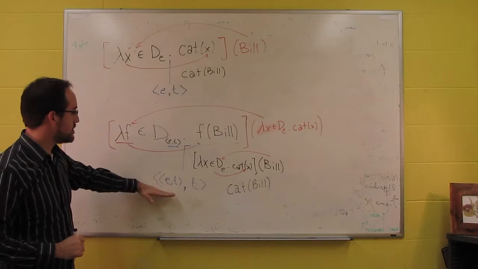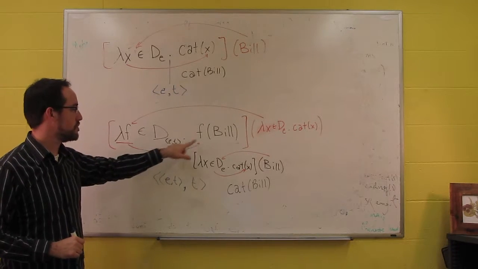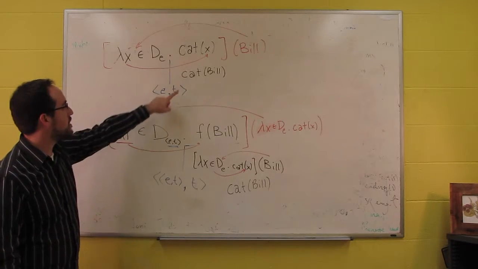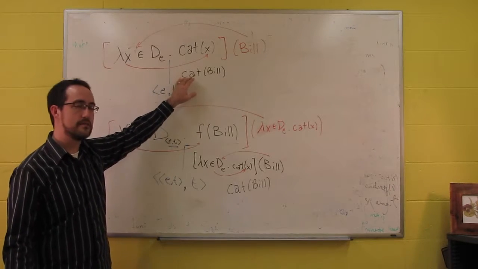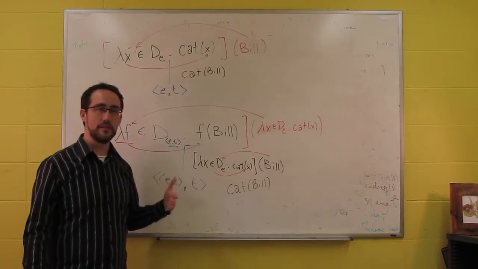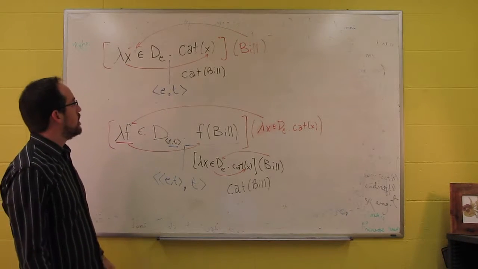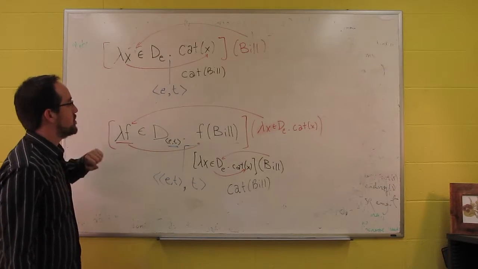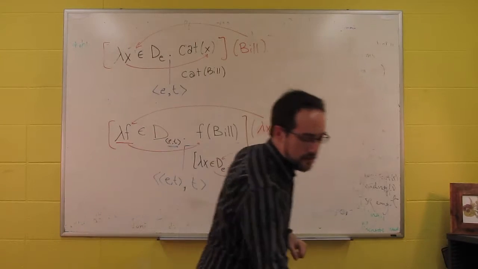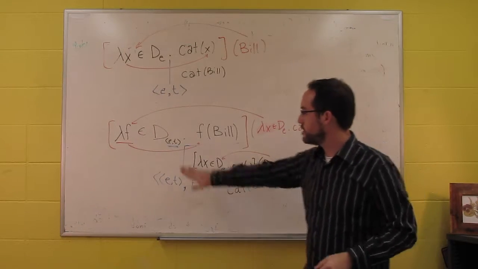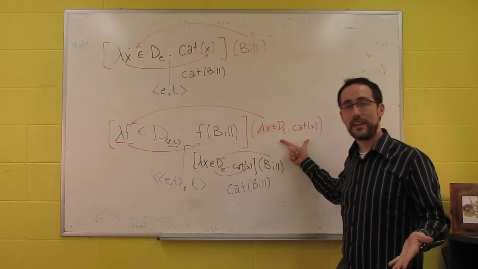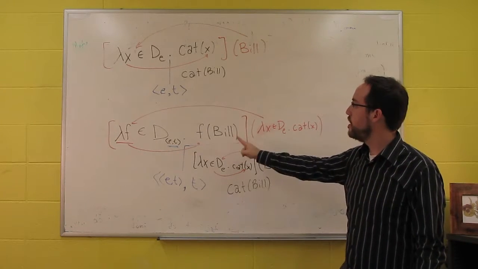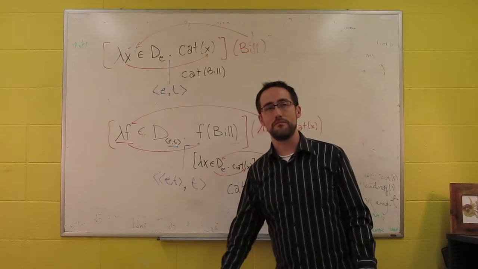That is to say, it takes a function of type ET and gives you something of type T. And notice how the result of these two processes is exactly the same. They're both the sentence Bill is a cat, basically. And we got there in two different ways. So as long as we have the right domain for the function, we can build it either by plugging in the cat, if we're missing cat, or by plugging in Bill, if we're missing Bill.